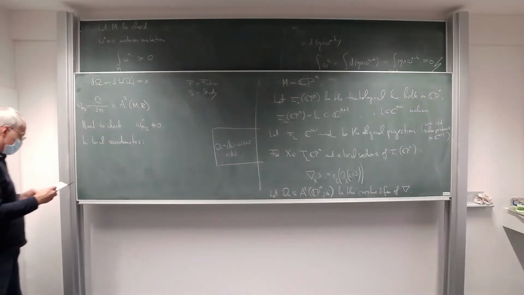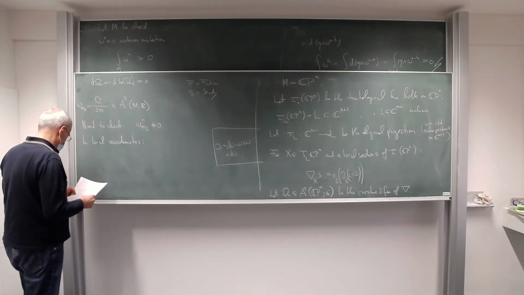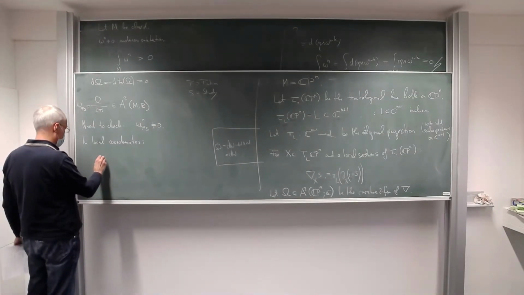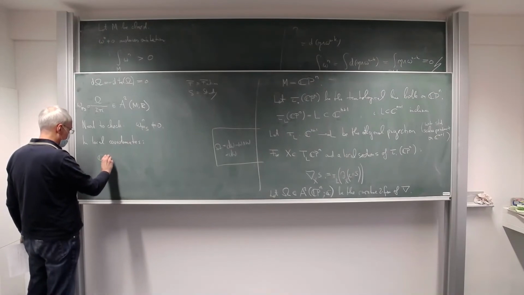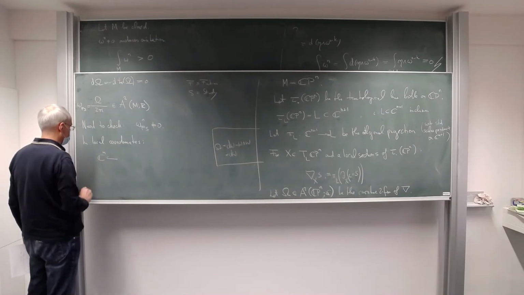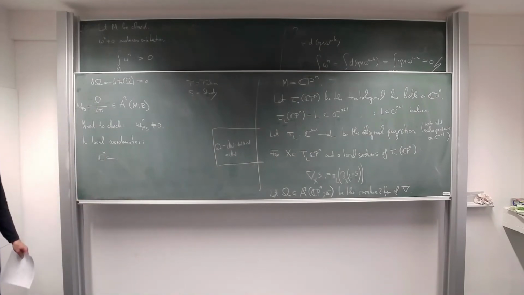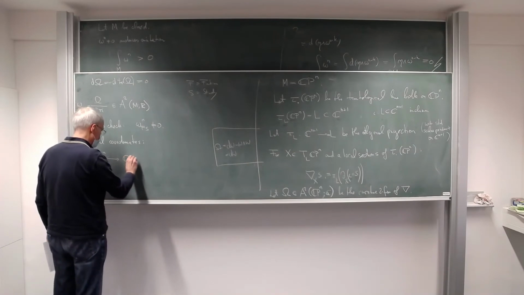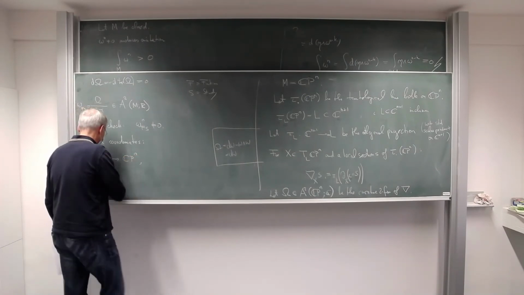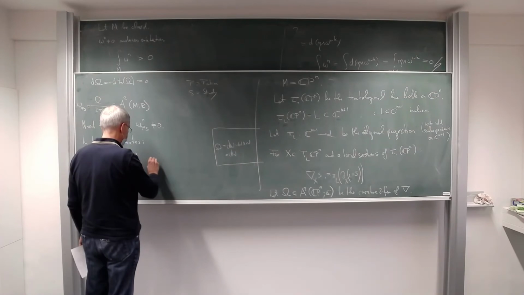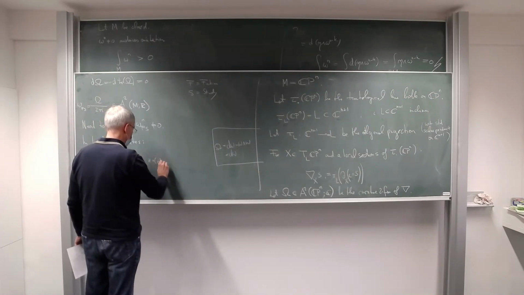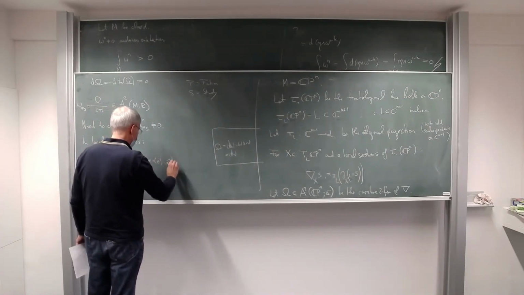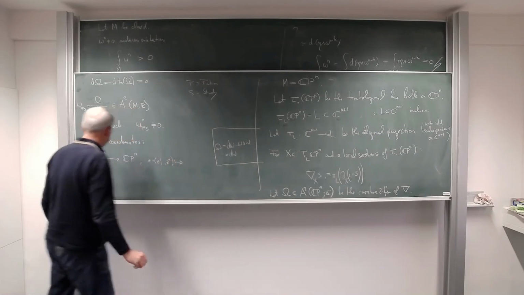Okay. So let's see. We have this chart defined on a chart domain being diffeomorphic to C^n, which is as follows. An element z, being z1 all the way up to zn, gets mapped to some line.